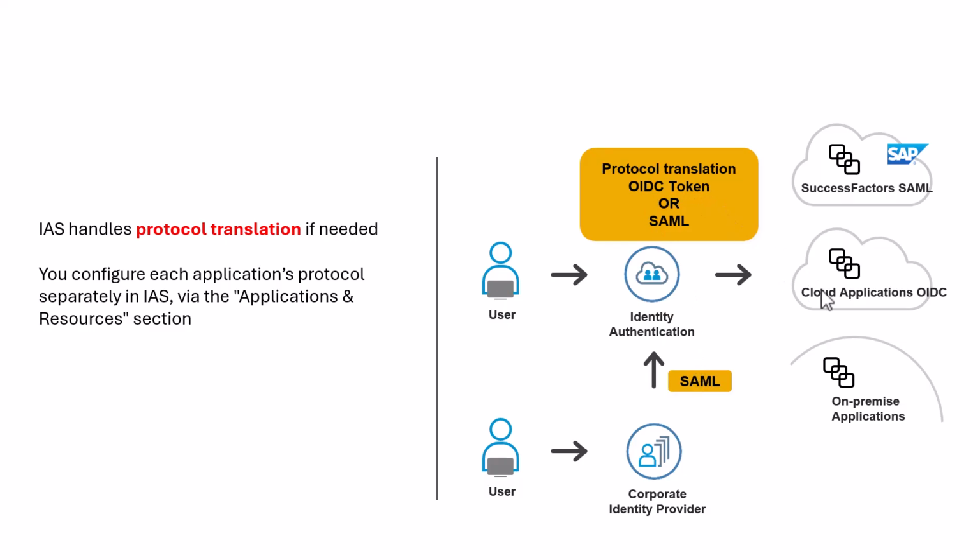If there is an application that requires OpenID Connect, then it can send this OIDC token to this application. But if an application requires SAML, then the identity authentication can send the SAML assertion from the corporate identity provider to SuccessFactors or to the application that requires it. So it can also enrich this SAML. We also talked about it in the previous slide.